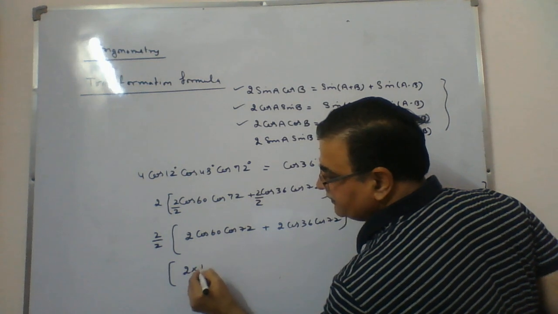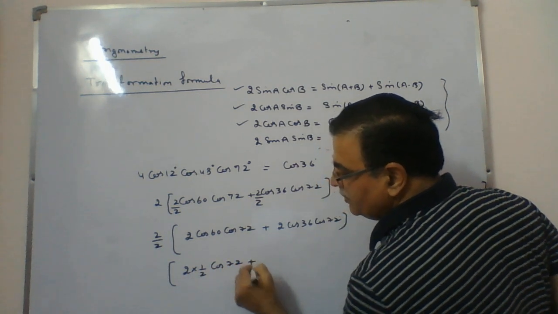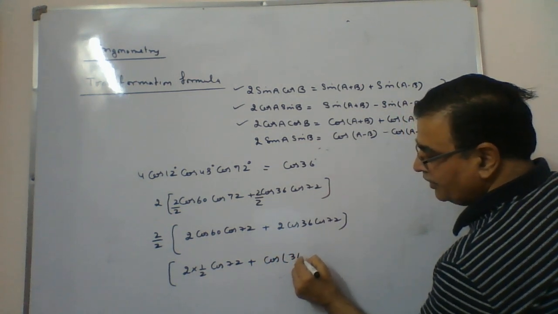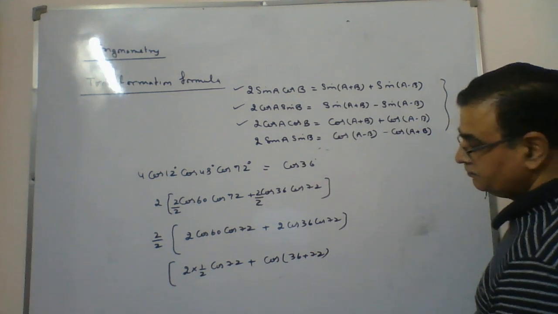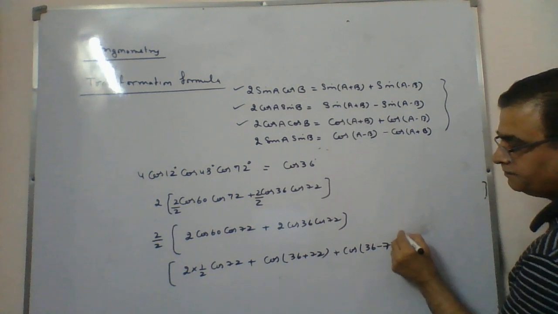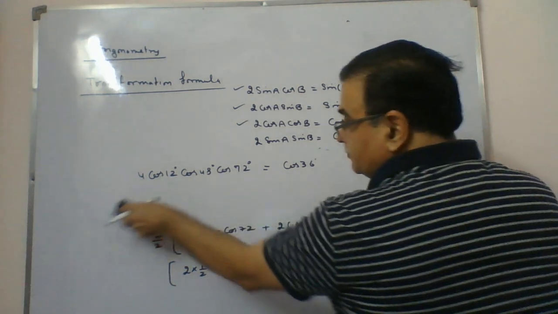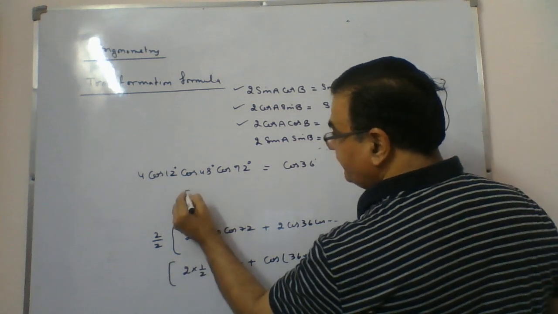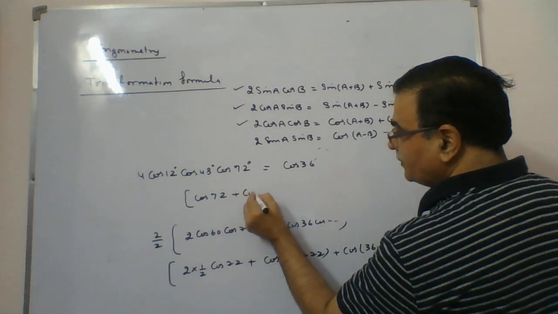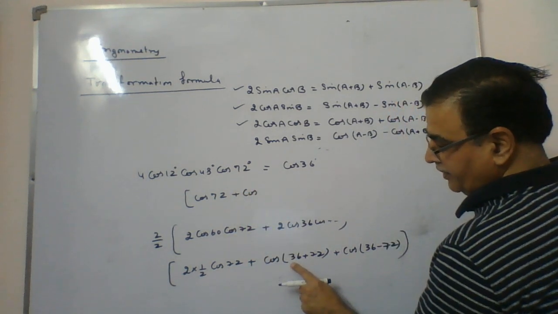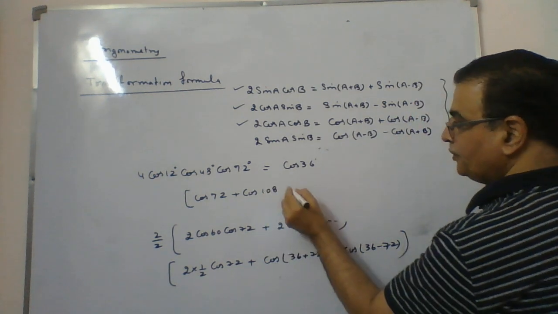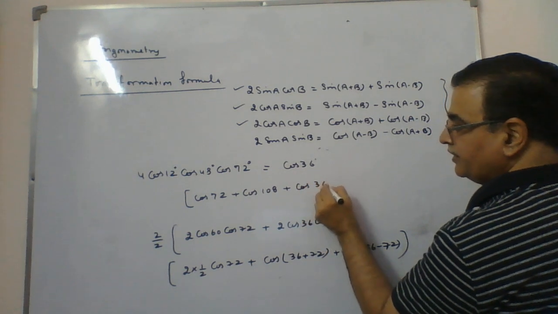Left is 2 cos 60, which is half, times cos 72, plus 2 cos A cos B. Formula says cos A plus B, so 36 plus 72, plus cos of 36 minus 72. Now when you solve it, cos 72 is the first term, plus cos of 108, and this will come out to be cos of minus 36, that is cos 36.